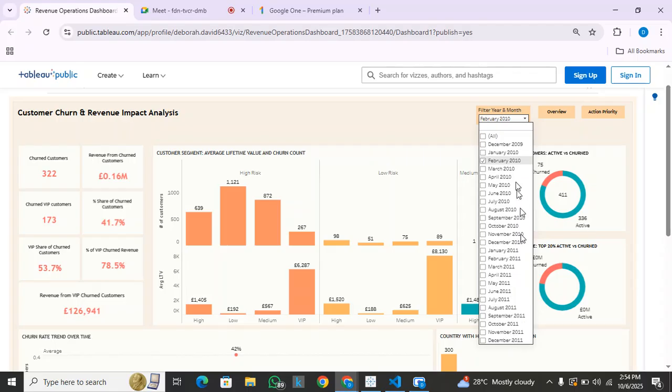All of the months within this data set are highlighted here. So we see that in the month of February, the VIP churned brought 126,000 pounds, and 173 VIP customers were at risk of churn, and so on.